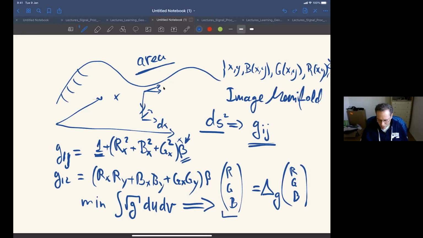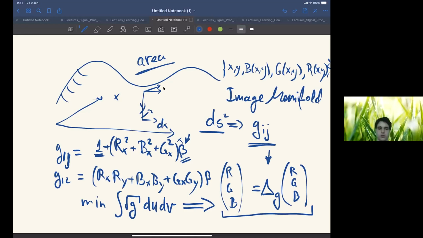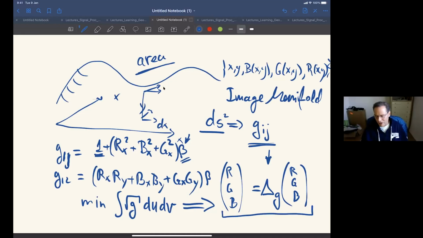And this flow would be the flow of a manifold where the Laplace-Beltrami operator is operating on this manifold. You should know: the heat equation? Again? It's not the heat equation, but rather the geometric heat equation. This would be nothing but the mean curvature flow, but in this crazy space of RGB.